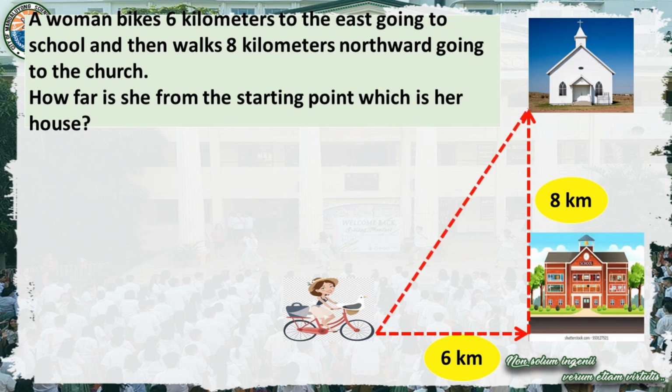So we have here a triangle, and this triangle here is said to be a right triangle. So the unknown here is the distance of the church to the house. And so let's work on.